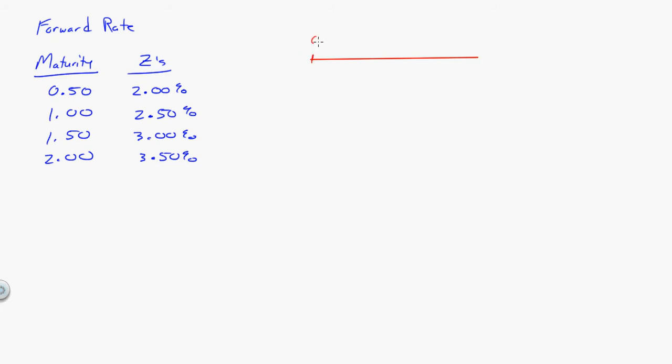This is going to be today. This is time 6 months. This is time 1 year. So you have option A. Option A is you invest at the 6-month spot rate, 2%, and then you reinvest 6 months from now at the new 6-month spot rate. But I don't know what that is. I'm going to call it 1F1.